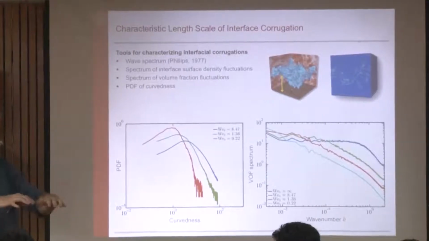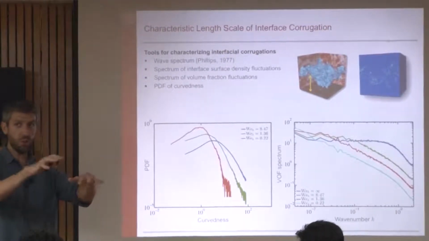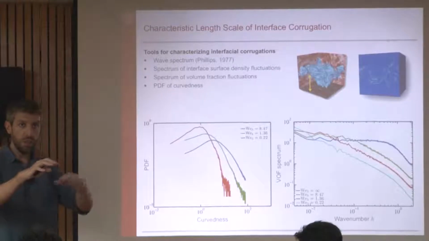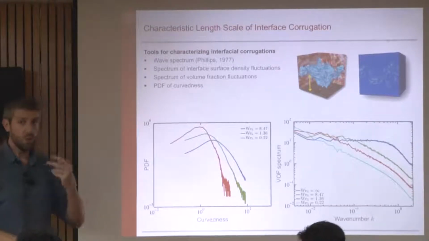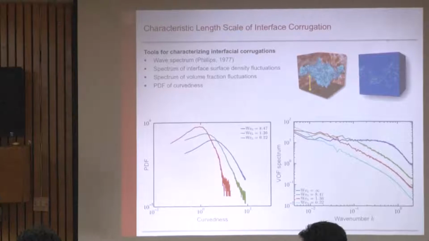We're looking at an initially flat interface. It corrugates, the height changes. This is now a fluctuating quantity. We extract a power spectrum of this to say whether we have more corrugations on large scales, on small scales, or things of the sort.